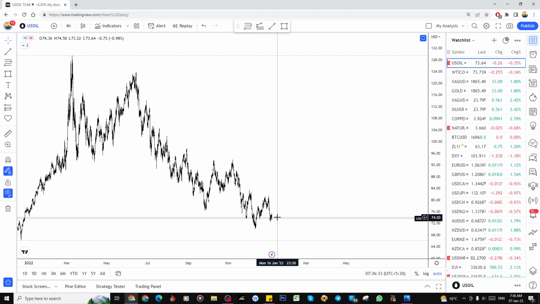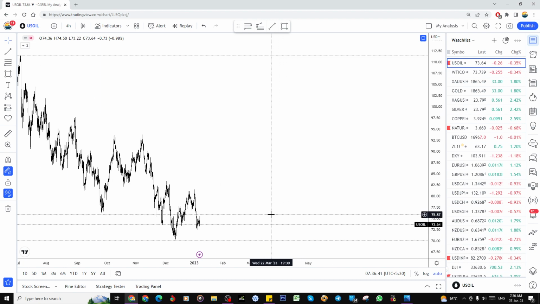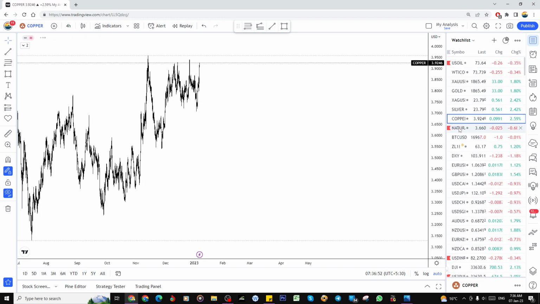That's the thing we need to look for. It's not simply set and forget. At that time we need to at least book some profits and let the rest run, and that will be the break even, right? So this one we need to look for, the copper I already explained.